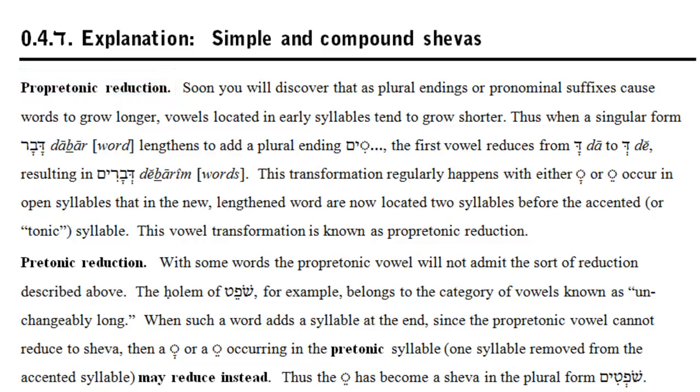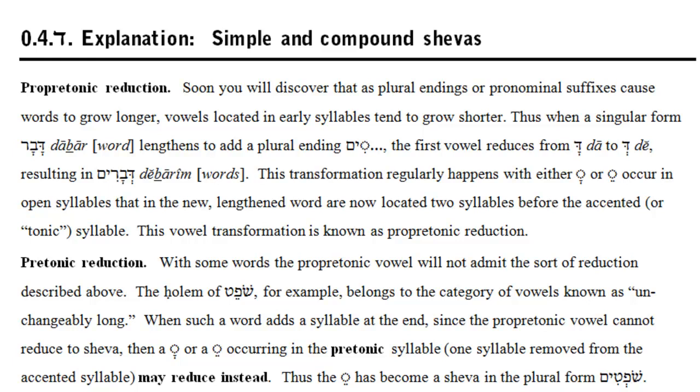The tonic syllable, or tone syllable, is the accented syllable. In the case of the 3-syllable word devarim, it is the last syllable, im, which is the tone syllable. Counting back from the tone syllable, the pretonic syllable would be the second, va, and the propretonic syllable would be 2 removed from the tone syllable.